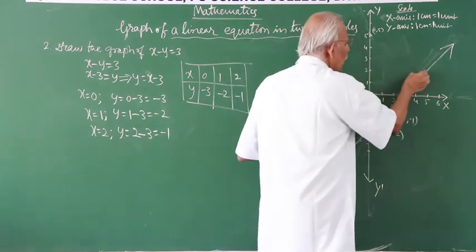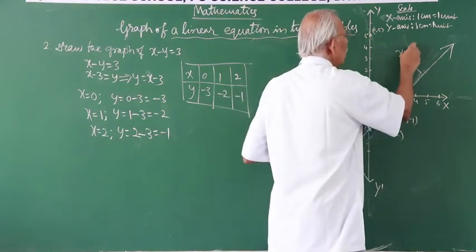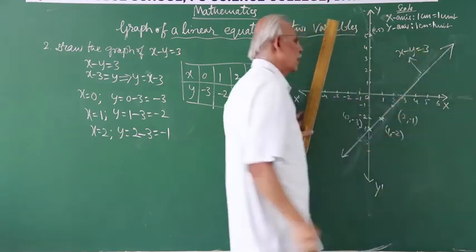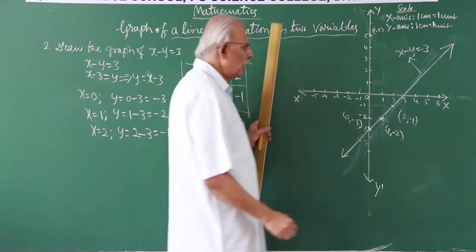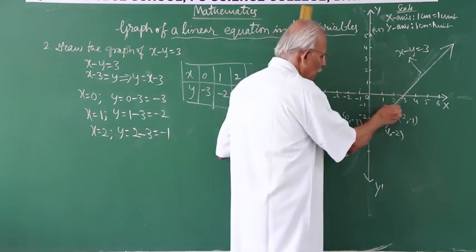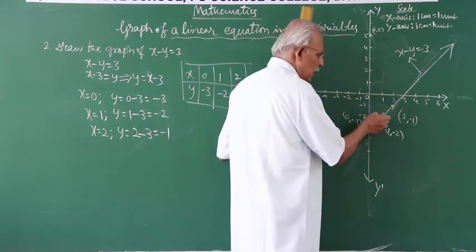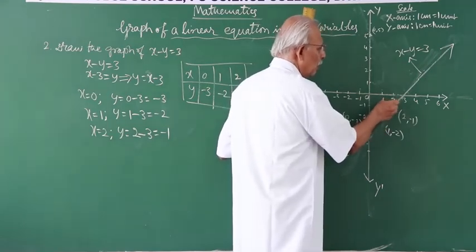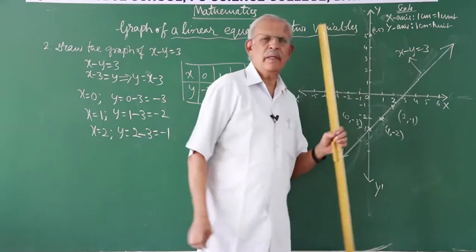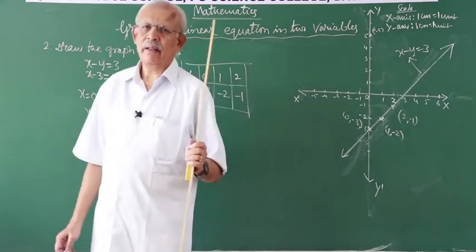Now look here, this represents x minus y is equal to 3. This is the given equation. So here, look here, the points are here. This is 0 comma minus 3, this is 1 comma minus 2, this is 2 comma minus 1. In this way, you can draw.